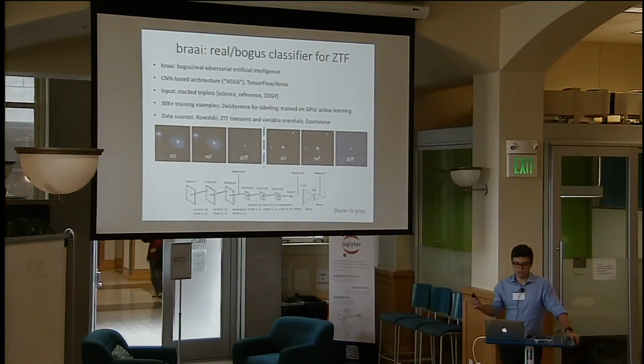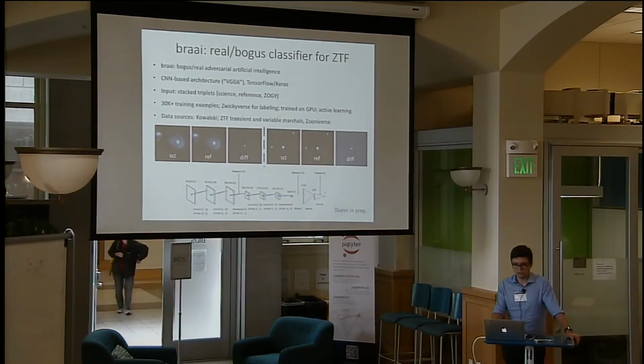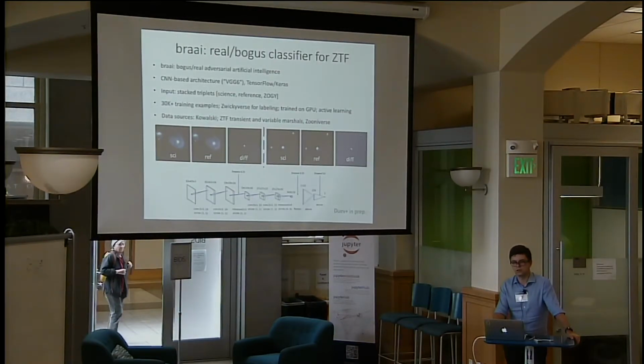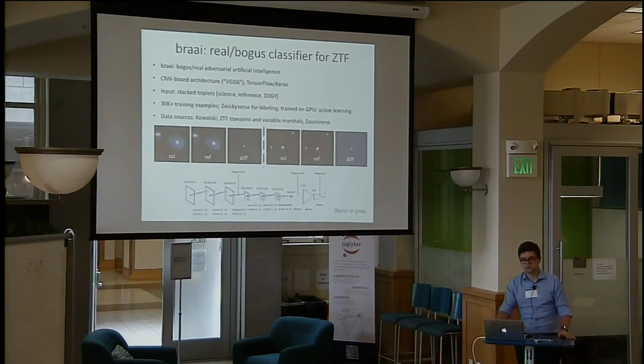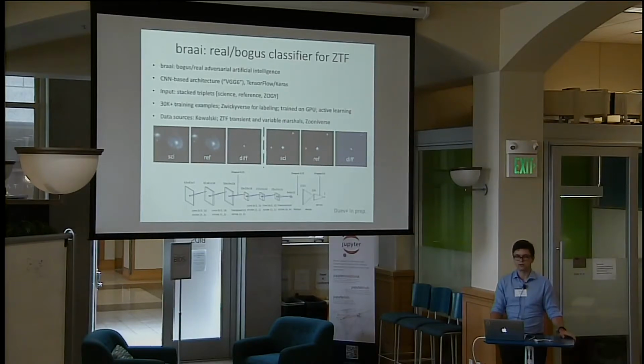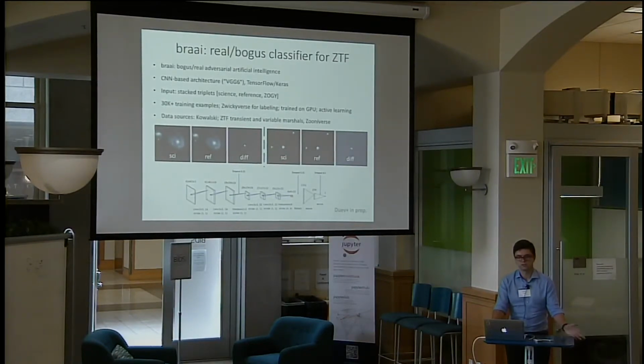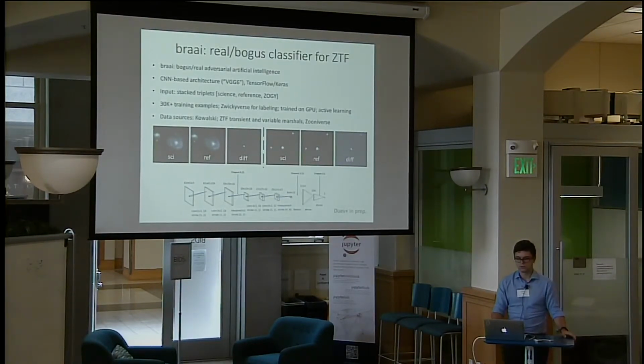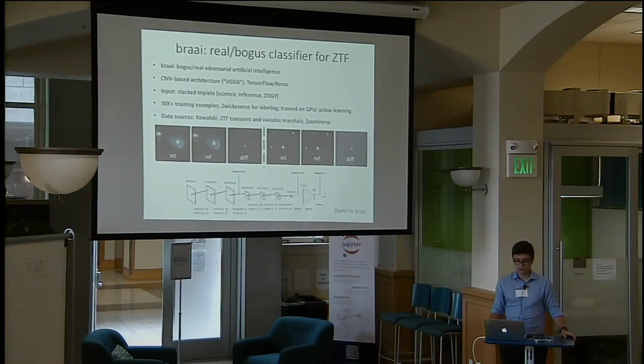And so we used Zwickyverse for labeling, and it's trained on the GPU. We also use active learning, so we look at the misclassifications and predictions of a particular version of the model to fix labels. But now the contamination, I would think, is at about a couple percent in the training set.